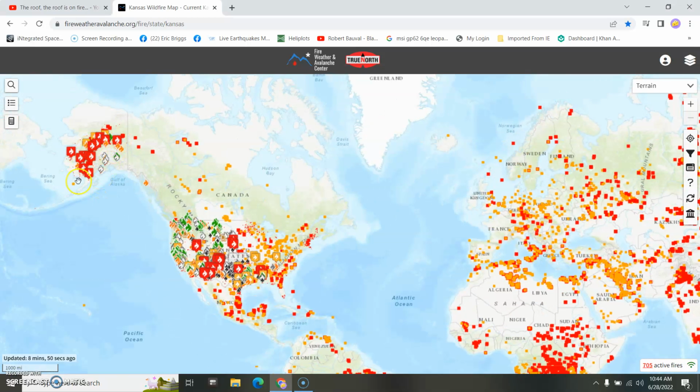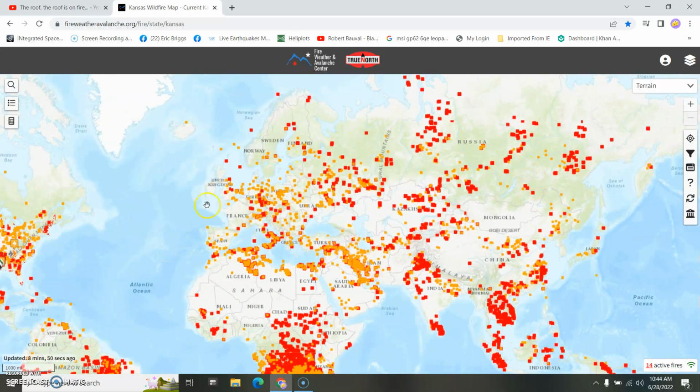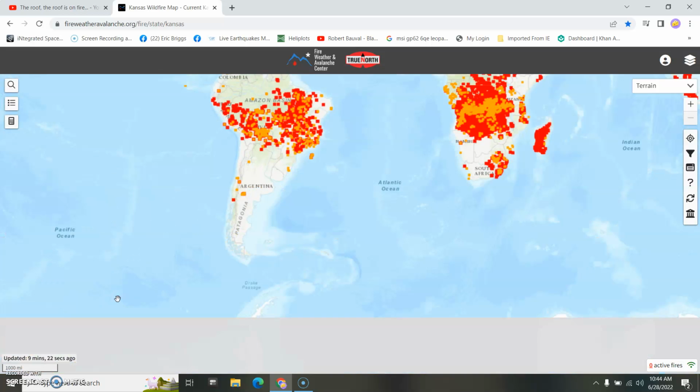Unprecedented record-setting tundra fires. Your globe is on fire. Your elites didn't do this. They don't want you to know the extent of it.